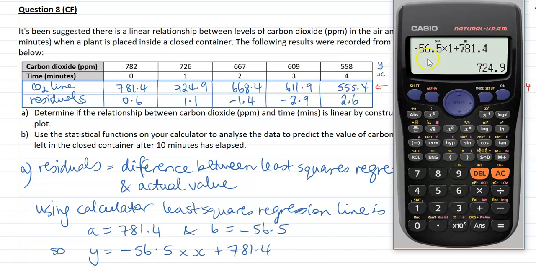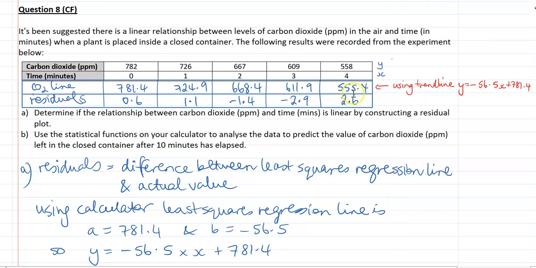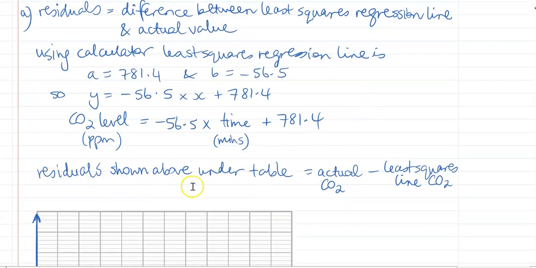So for example, if I was doing 4 minutes, you could simply press the arrow keys on your calculator, change that number to 4, and you get 555.4.